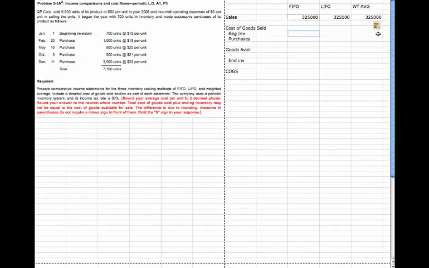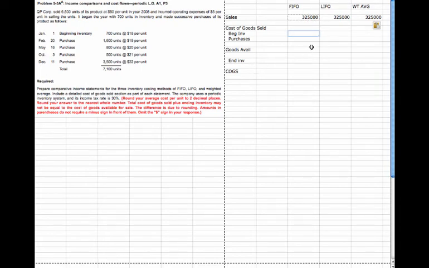Next, we're going to do the cost of goods sold. Now remember, the cost of goods sold calculation is based upon the periodic inventory formula of beginning inventory plus purchases, which gives you goods available, minus your ending inventory, which will then give you your cost of goods sold.